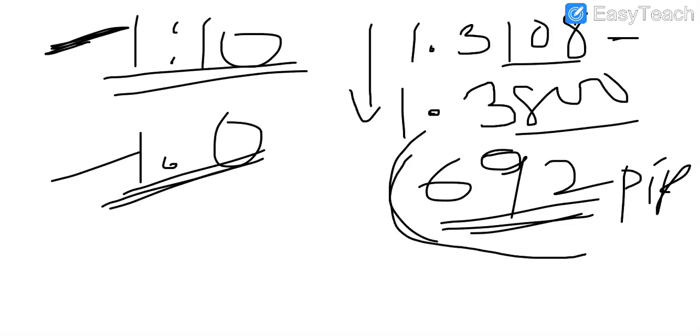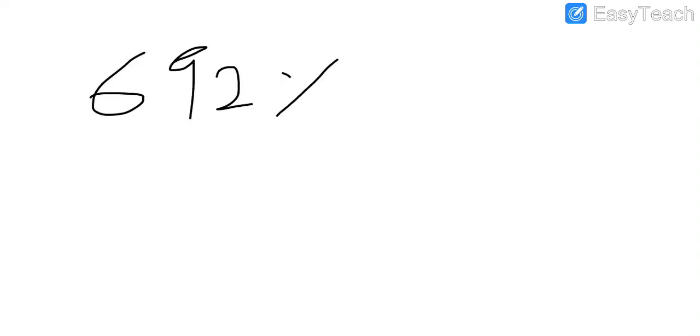So now let's calculate our profit. You will multiply the 10 here by the 1.0, then we multiply it all by 692. That is our pips. So this is how the calculation is going to be: 692 multiplied by 1 lot size times your leverage of 10.